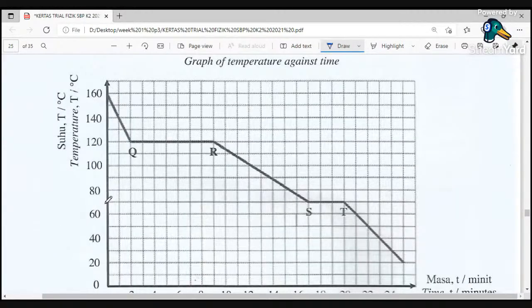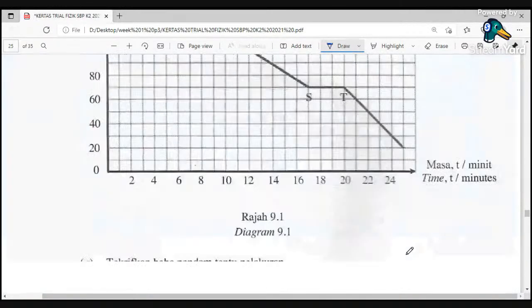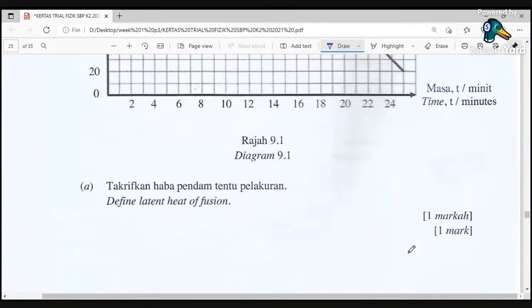Okay, ini cooling curve. Define latent heat of fusion. Okay, the amount of heat required to change the phase of a substance, or to change solid to liquid or liquid to solid at constant temperature. Okay, you can write it on the paper given to you, the foolscap paper.